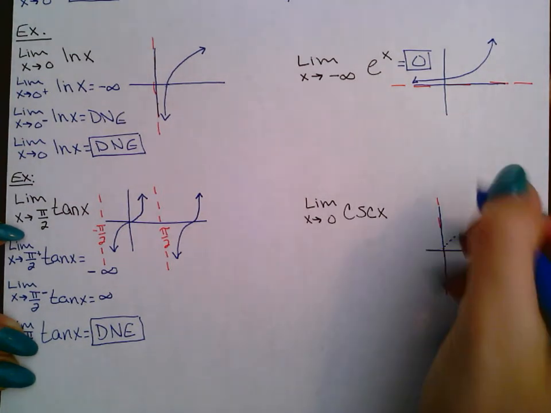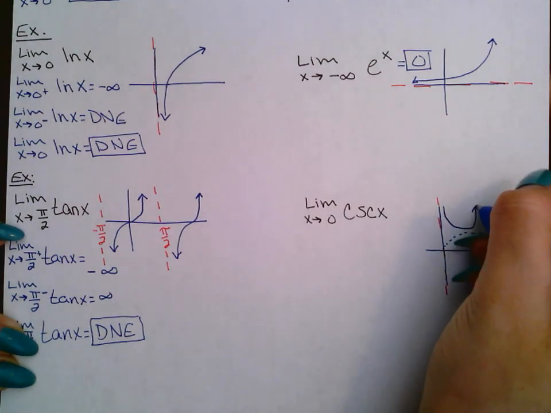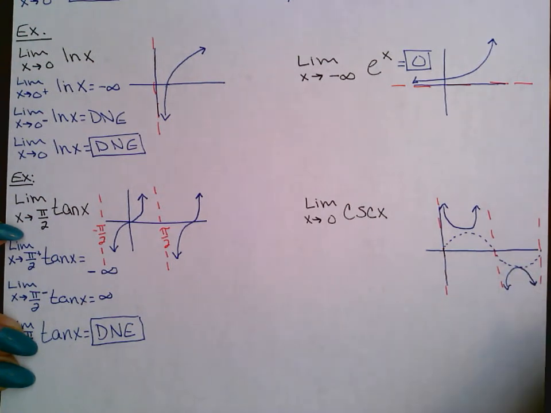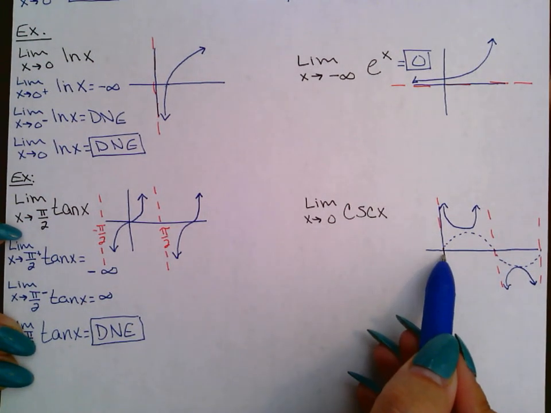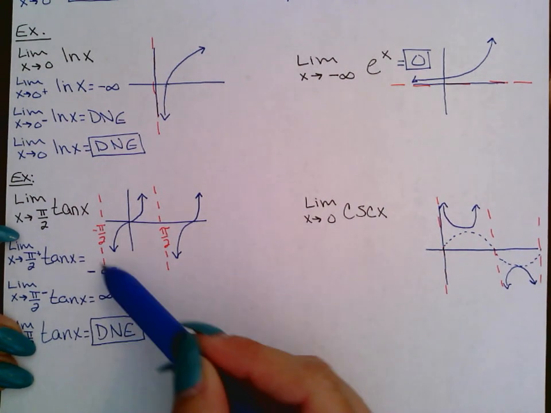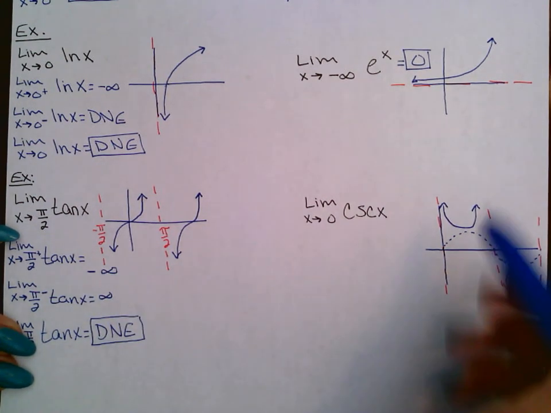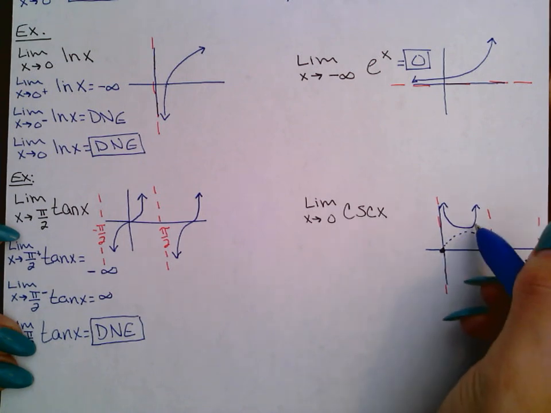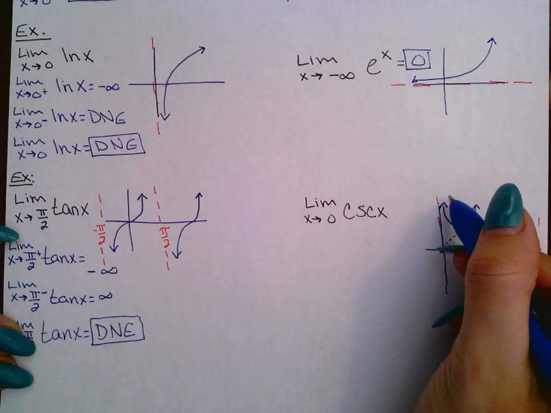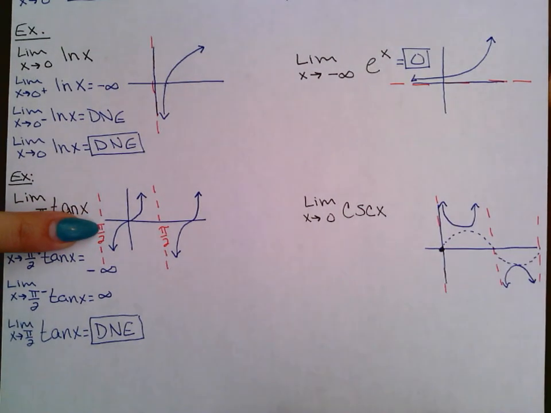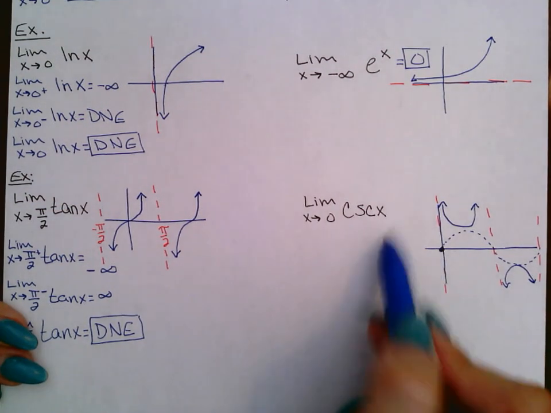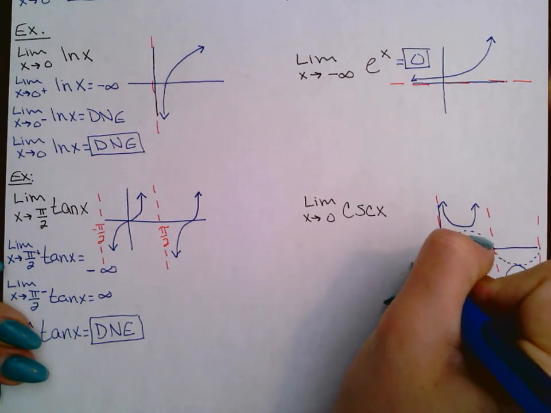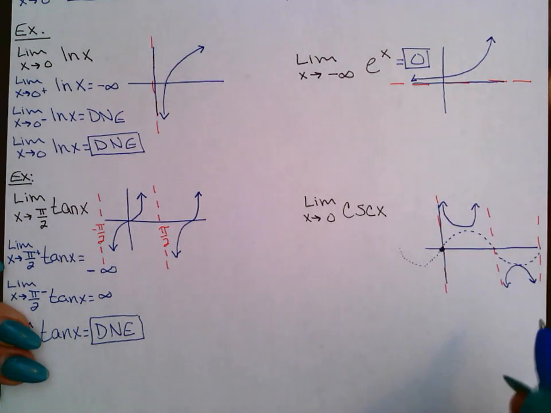And then my actual function bounces right here. Okay? So if I'm analyzing 0, and hopefully you get to the point that you don't have to break this down every single time. As I approach 0 from the right side, my function shoots up to infinity. Now again, like what happened here with the tangent, I don't necessarily have drawn what happens on the left, but if you understand the behavior, this will keep going down and back up.